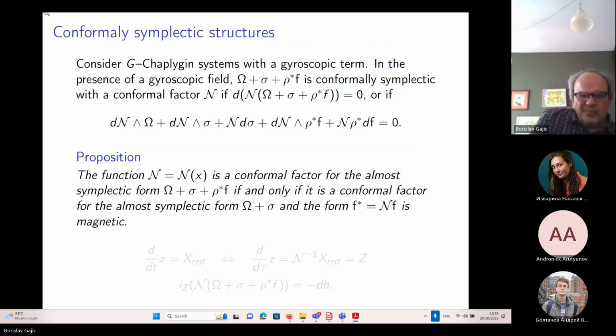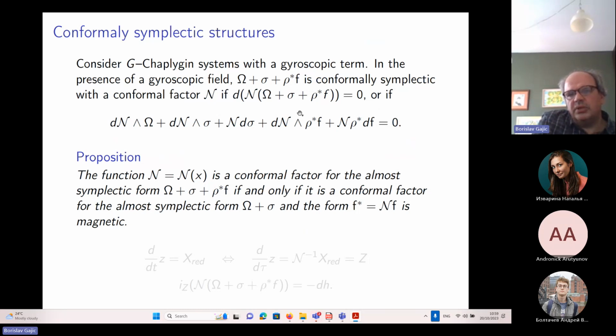Okay, so let us consider the G Chaplygin system with gyroscopic term. This form is conformally symplectic. We will say that this form is conformally symplectic if there is a function n such that when we multiply this form by n, we have a closed form.